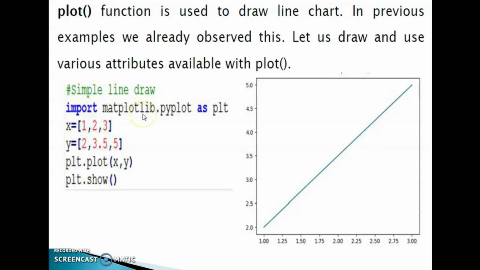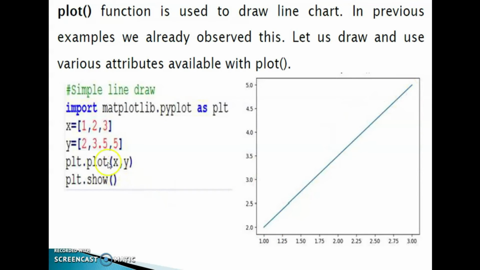Import matplotlib.pyplot as plt. x is equal to 1, 2, 3. y is equal to 2, 3.5, 5. plt.plot(x, y). plt.show(). After the execution of this code, we can see the line like this.